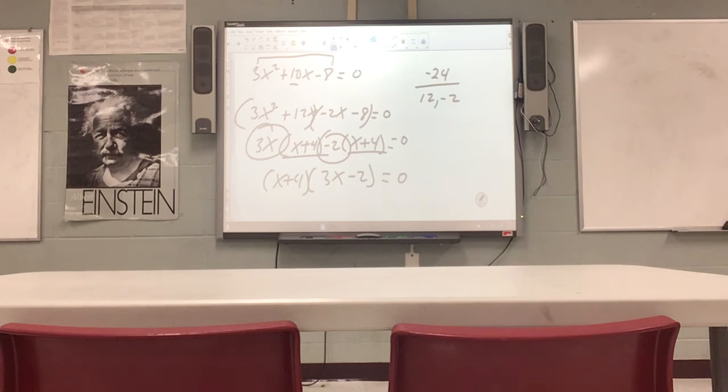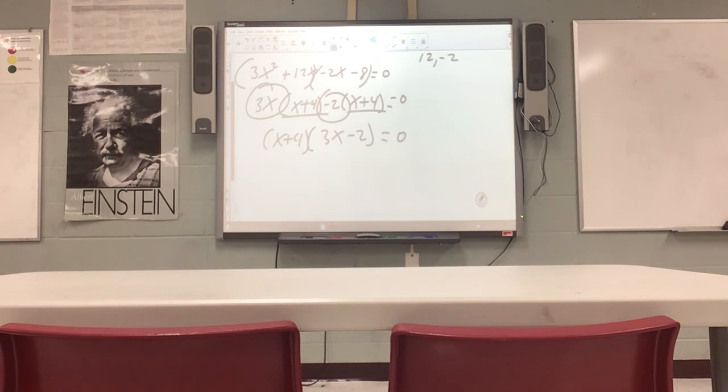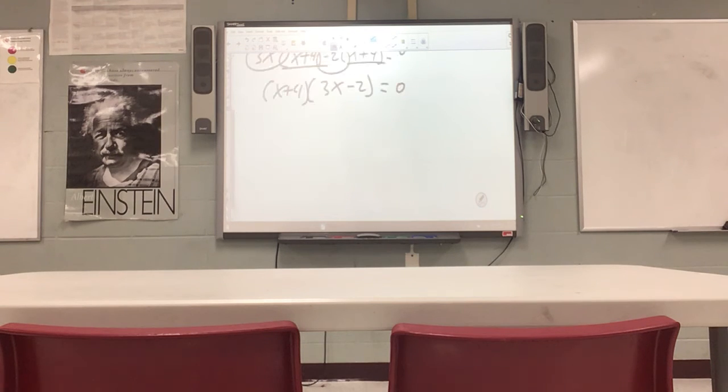Okay, so nothing was new up until there. Now this is where the additional steps come in, because we're told to solve. So now we just take all those factors we got, set them equal to 0 and solve them both. That's why last week, when a was 1, you could just take the opposite sign, but I kept warning you to be careful because that's not always gonna be the case.